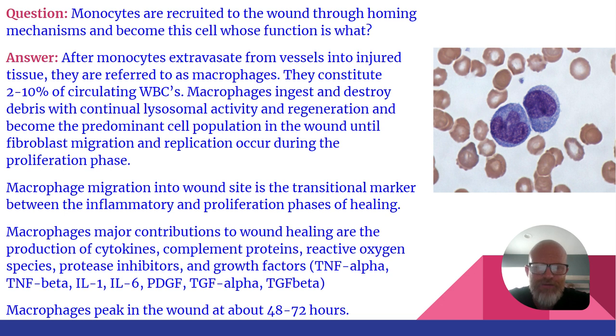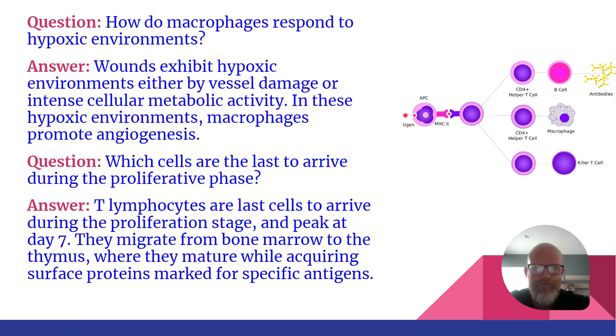Macrophages' major contributions to wound healing are the production of cytokines, complement proteins, reactive oxygen species, protease inhibitors, and growth factors such as tumor necrosis factor alpha and beta, interleukin 1 and 6, platelet-derived growth factor, and then transforming growth factors alpha and beta. Macrophages typically peak within 2 to 3 days of the wound.